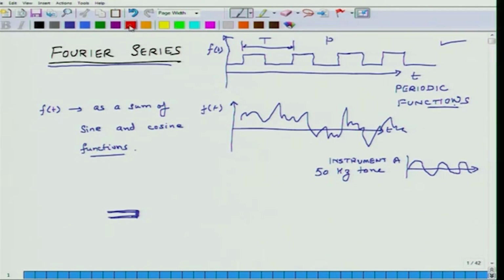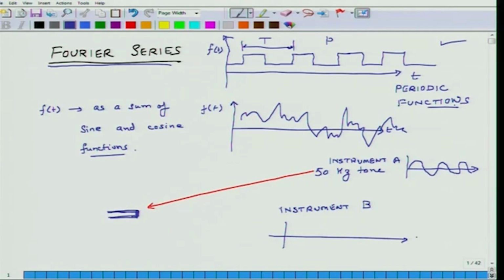So this microphone is receiving signals from this instrument. There could be another instrument, and what this instrument is doing is it's generating some other repeating thing. So this is another instrument, instrument B, and for purposes of simplicity, let's say that it is generating a 60 hertz tone.